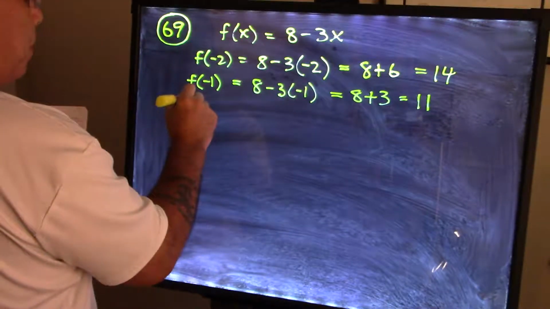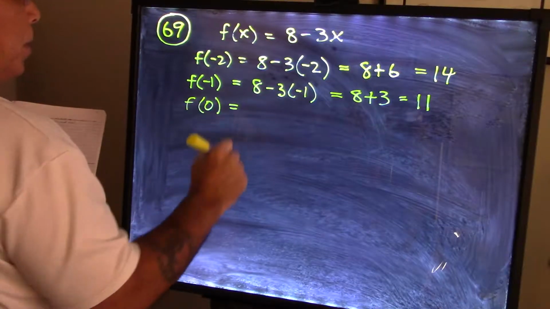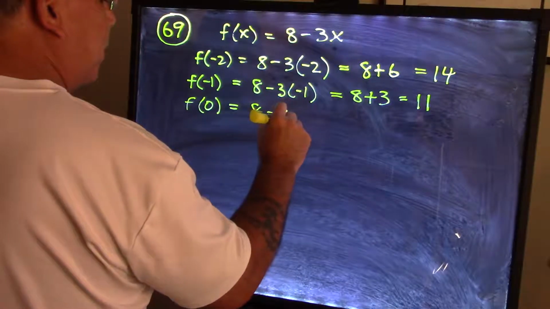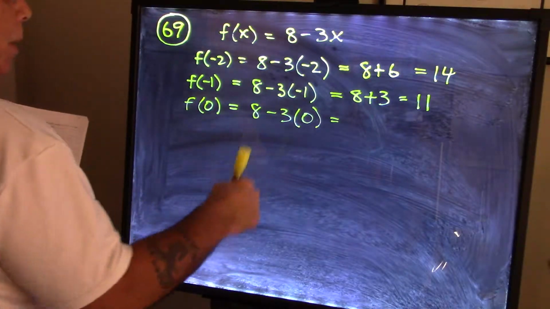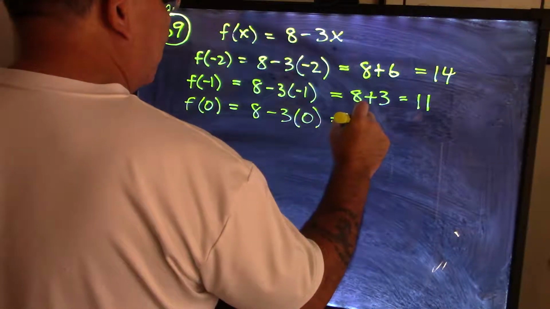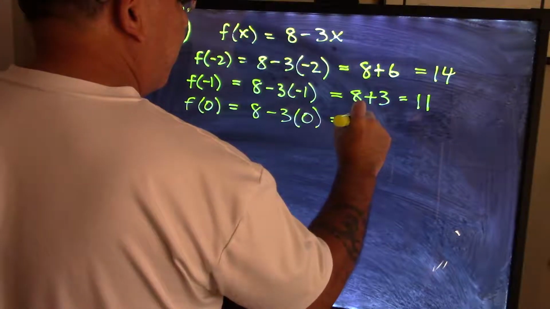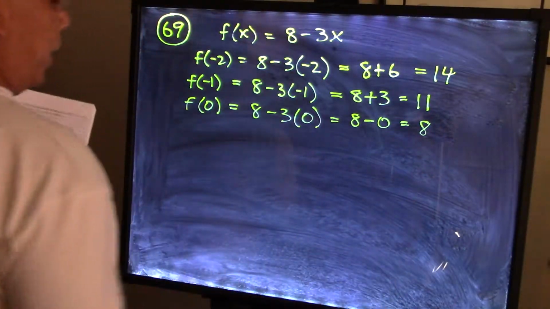f of 0. I like f of 0 because that's usually pretty easy to compute. 8 minus 3 times 0. 3 times 0 is 0, so that's equal to 8 minus 0, which equals 8.